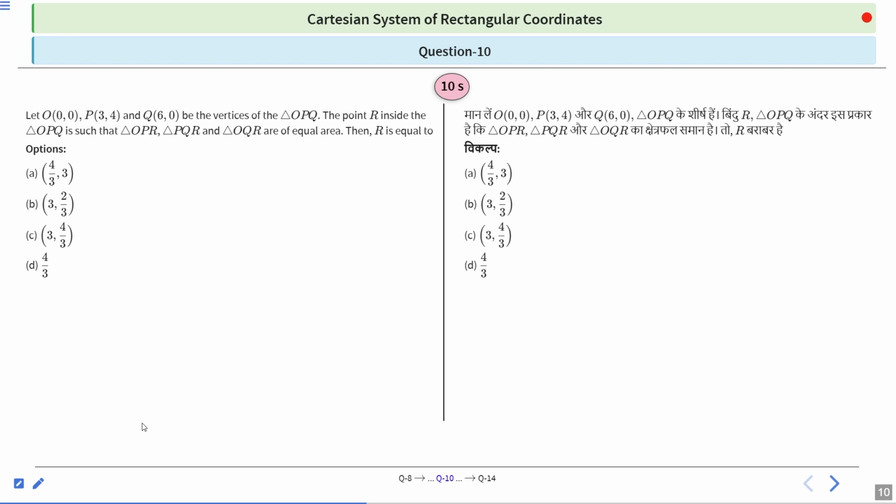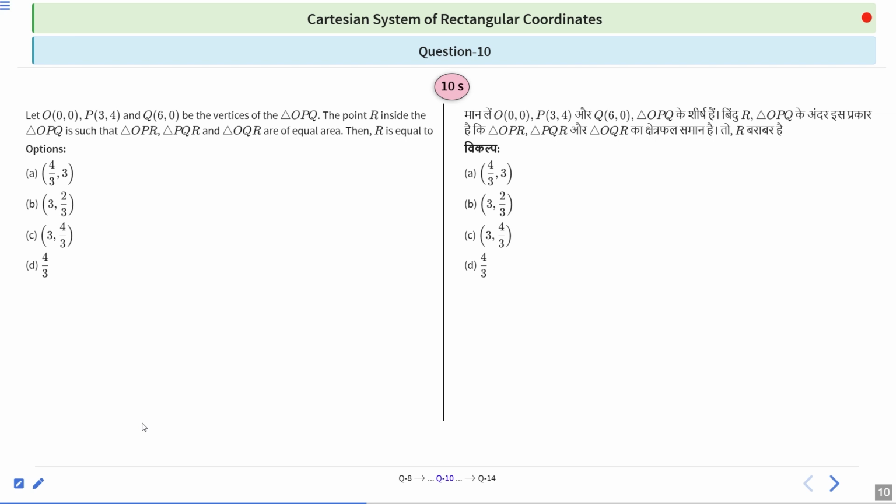Clear? So what we will do, first we will try to draw the triangle OPQ with the coordinates of O, P and Q respectively. Now, point R is inside triangle OPQ, right?